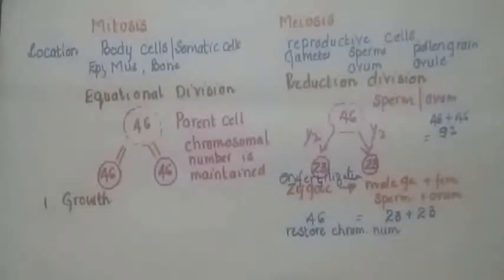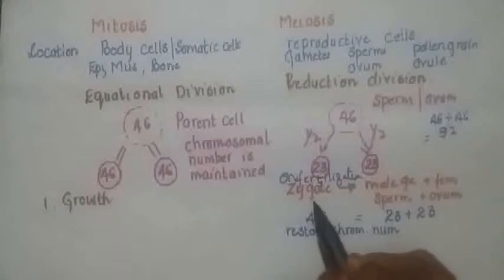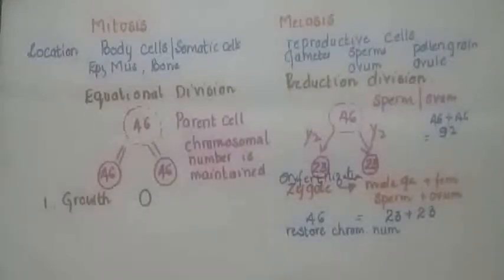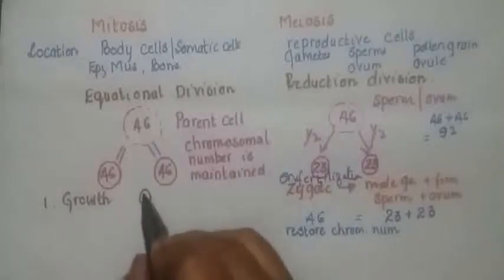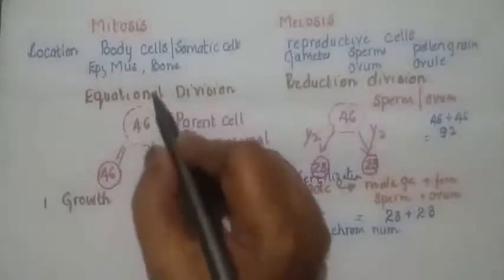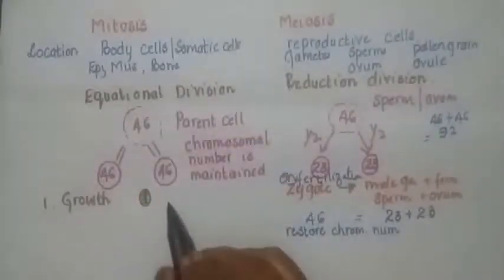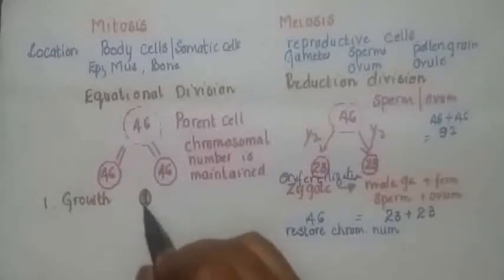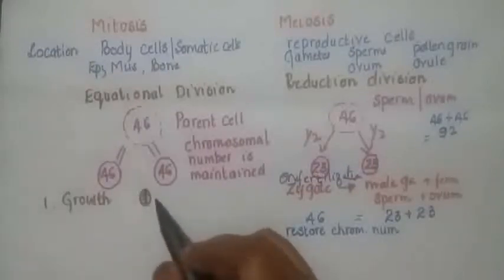Now take an example. A zygote, which is a single cell, undergoes repeated cell division mitotically, forming many cells. So there is an increase in the number of cells.